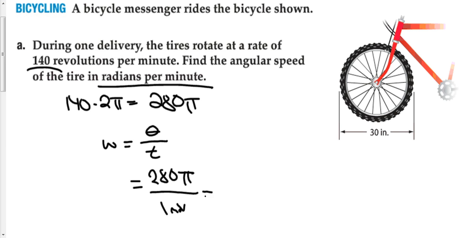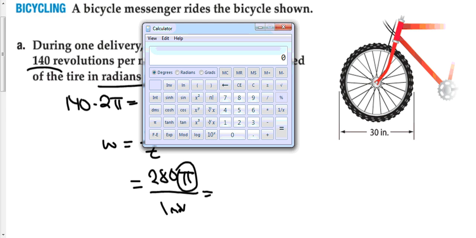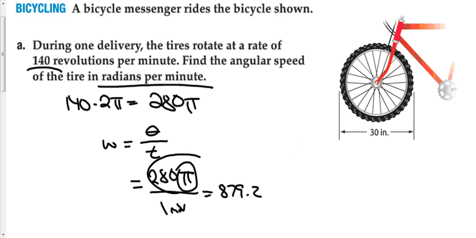So if I were to calculate this, leaving it like this does not really make a lot of sense. So I'm just going to have to multiply this out. So that's going to be 280 times 3.14, which gives me 879.2, and this is a unit of radians per minute, which is what I wanted.